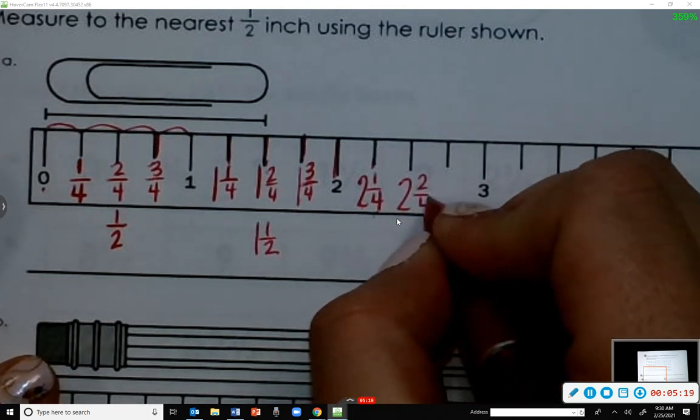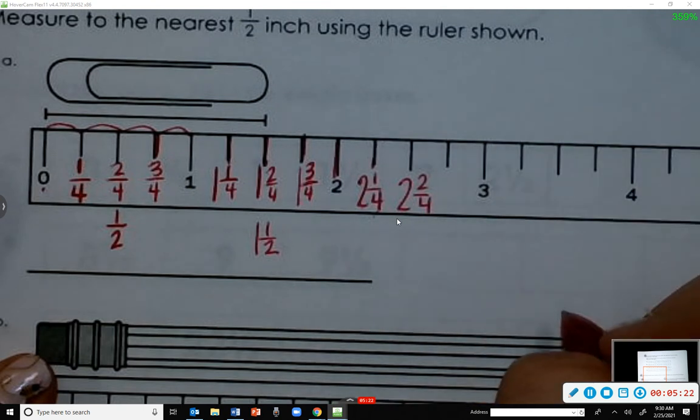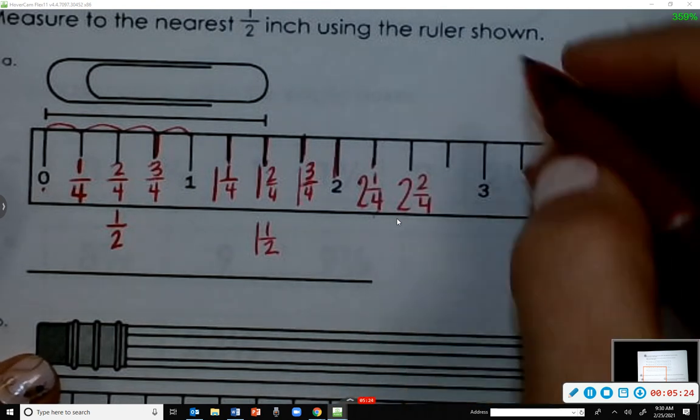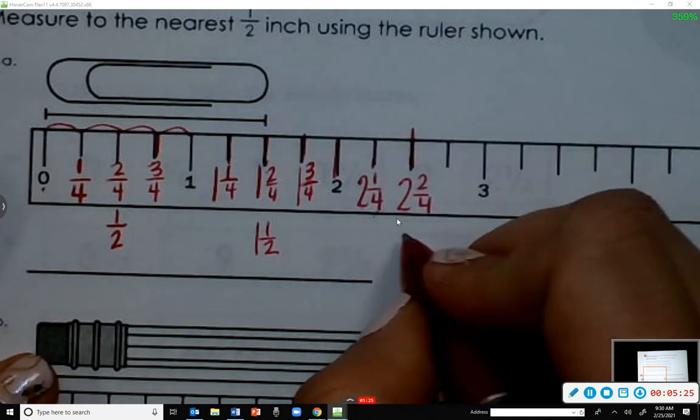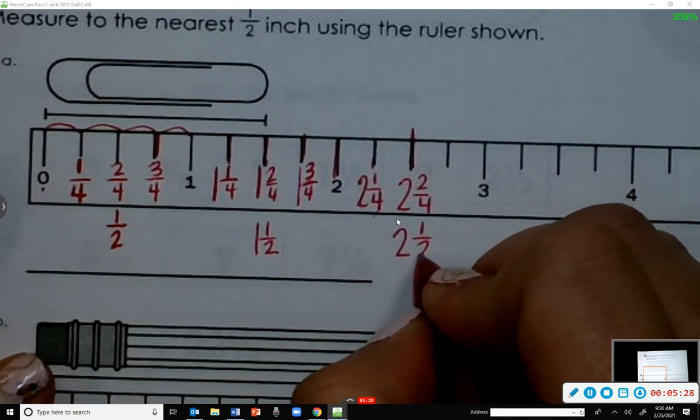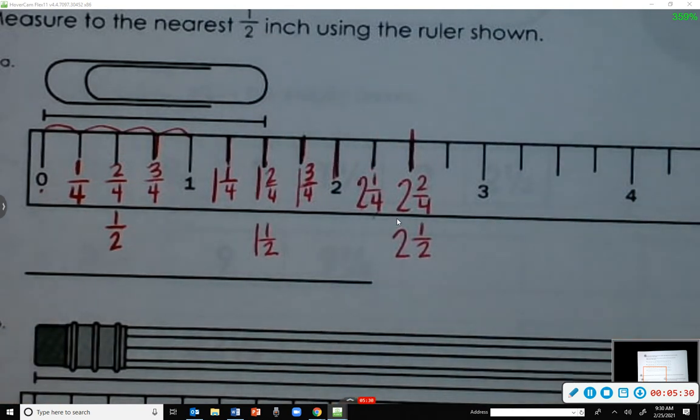Are you confused? Right here could also be 2 and 1/2. Okay. Alright, so I'm going to pause this video and give you guys a chance at home to do the same thing. Finish this ruler labeling. The pattern will continue 1/4, 2/4, 3/4. The only thing that changes is the whole.